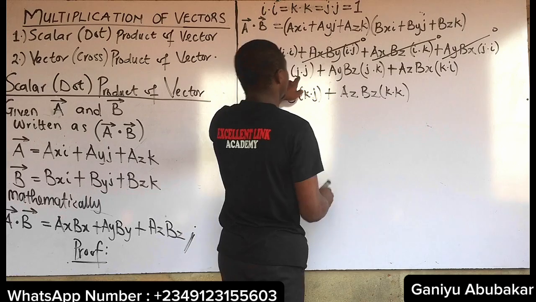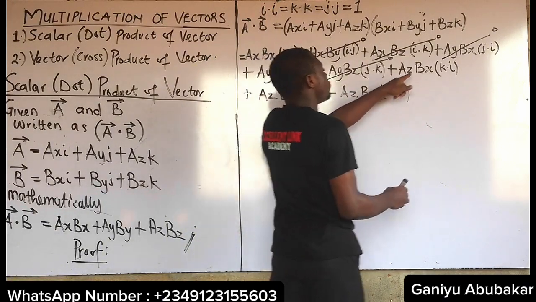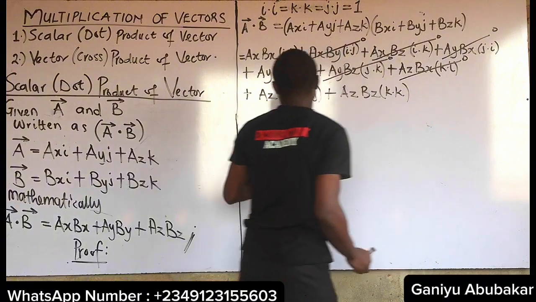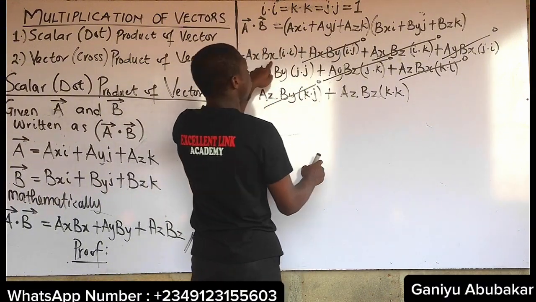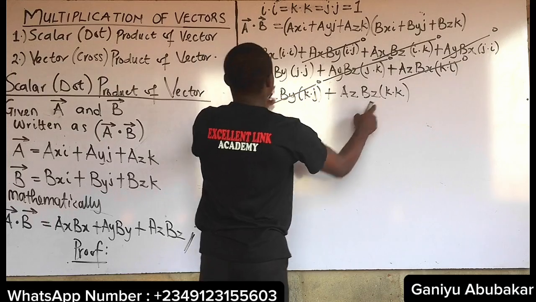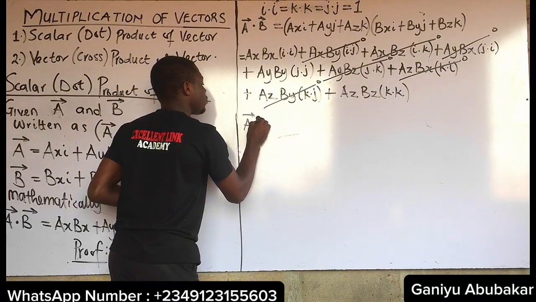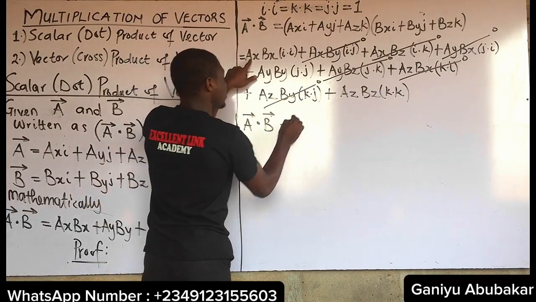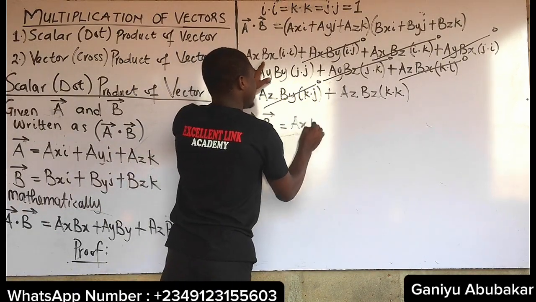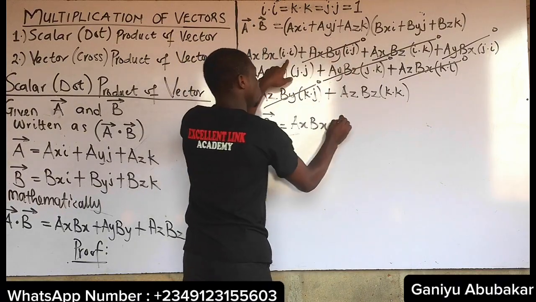This exists, 1. J dot J. Look at this one. This one becomes 0. This one becomes 0. Right? That's off. So I'm left with what? 1, 2, and 3. So it means that the dot product of A dot B, if these two vectors multiply, I'll have what? AX BX, I dot I will give 1. So it's off.